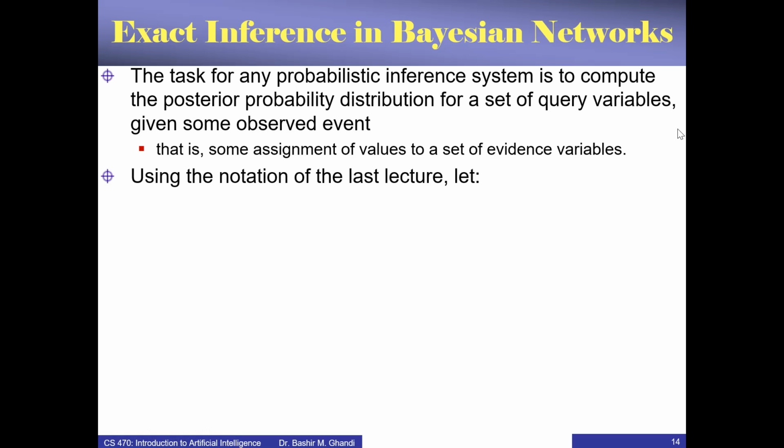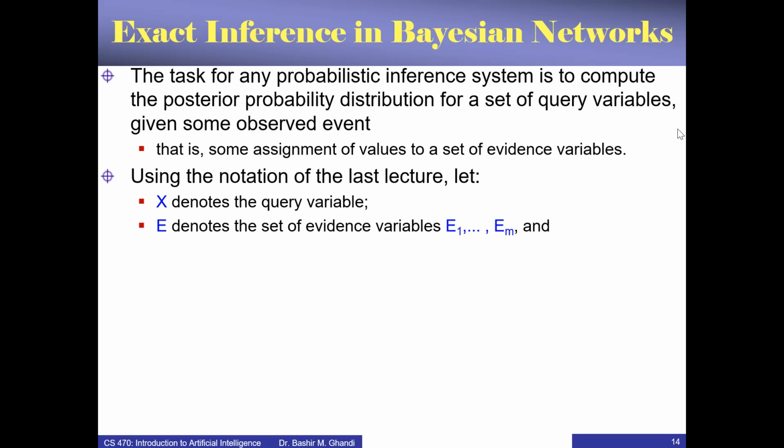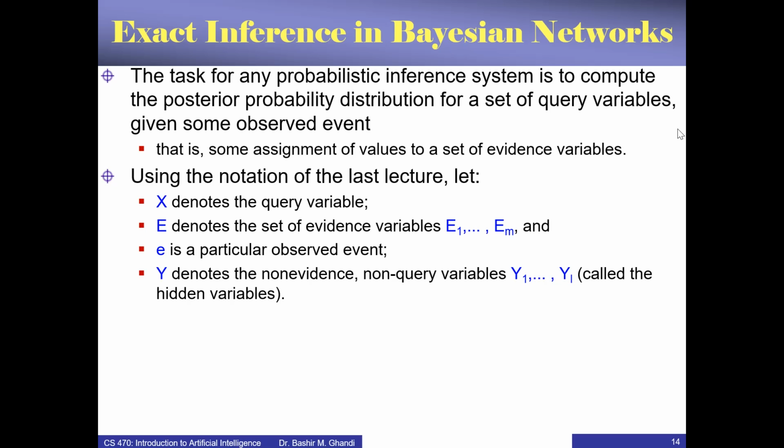Now, using the notation that we already introduced in the last lecture, we will take X to denote the query variable, E to denote the set of evidence variables, and small e to represent a particular observed event, and Y to denote the non-evidence and non-query variables, otherwise known as the hidden variables.